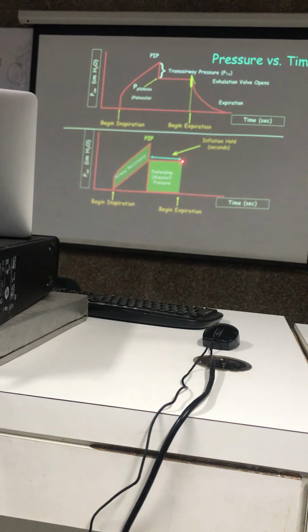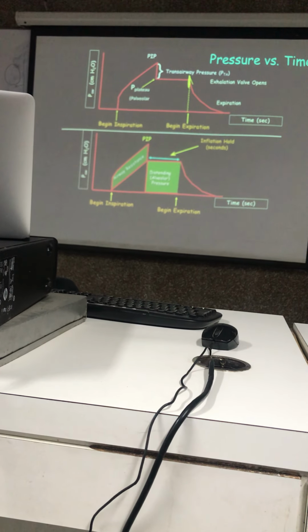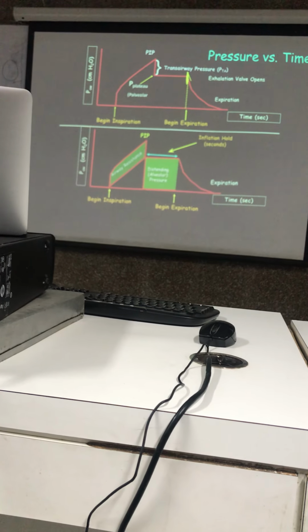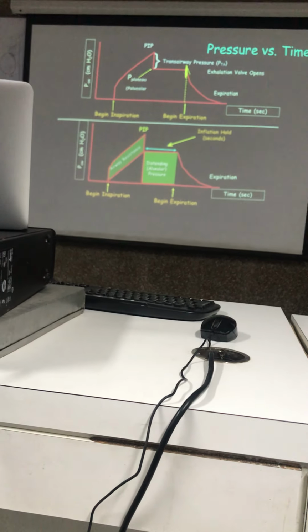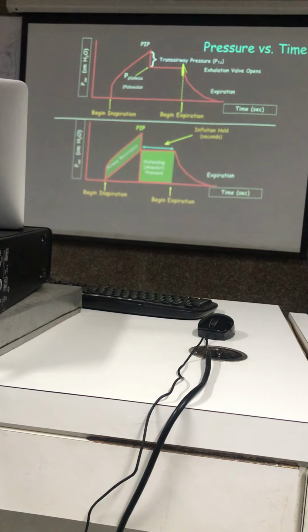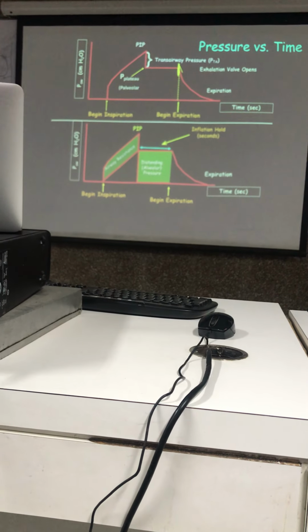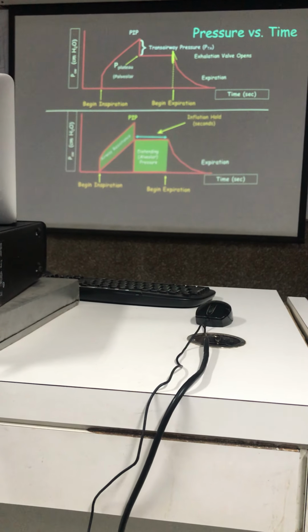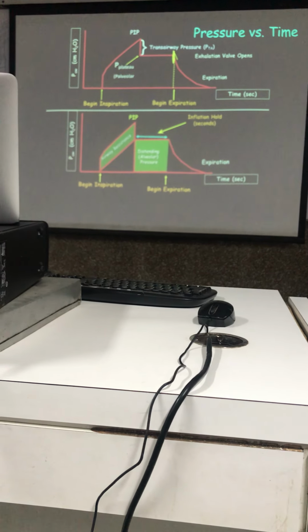This, the plateau pressure, is basically determined by the hold time. You need to put a hold time because there has to be no flow to get a plateau pressure. If there is no hold, you won't get a plateau pressure. So you need to have a hold time, usually 0.1 second or 0.2 seconds.